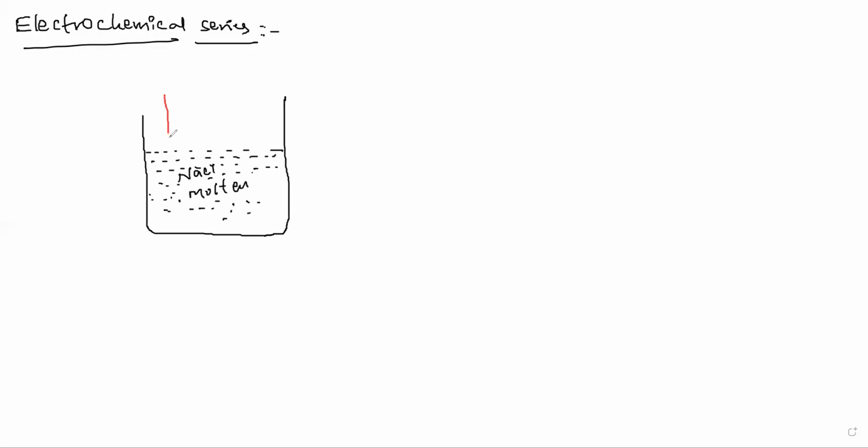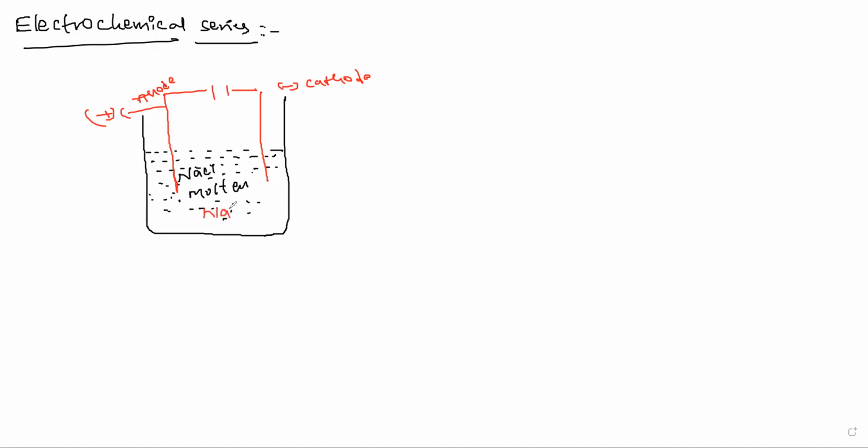So here we are taking one anode and the other one cathode. Obviously, the anode is positive and the cathode is negative. We know already, in an electrolytic cell, the anode is positive and the cathode is negative. If you apply current through the molten NaCl, then what will happen?